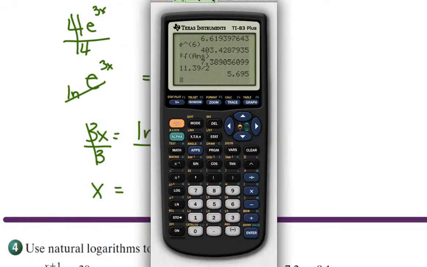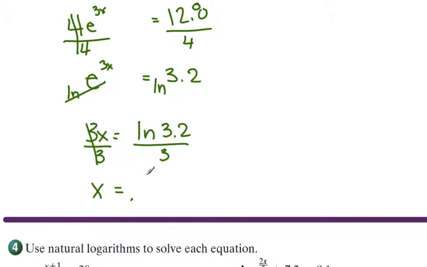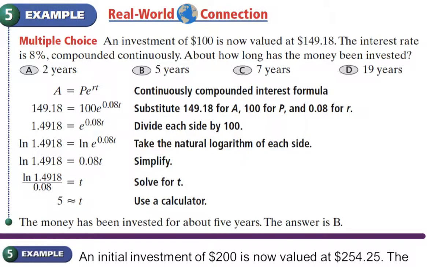So we have natural log of 3.2. You'll notice that it automatically opened parentheses, so you want to close those. Divide by 3 and hit enter. 0.3877, so 0.39. And that's it.